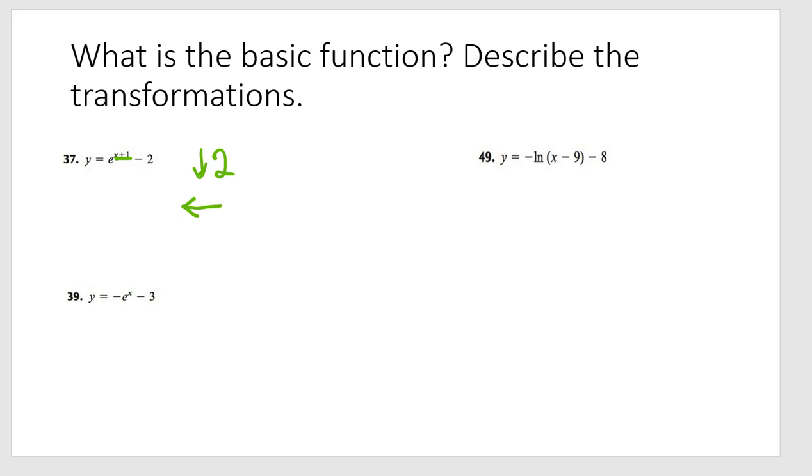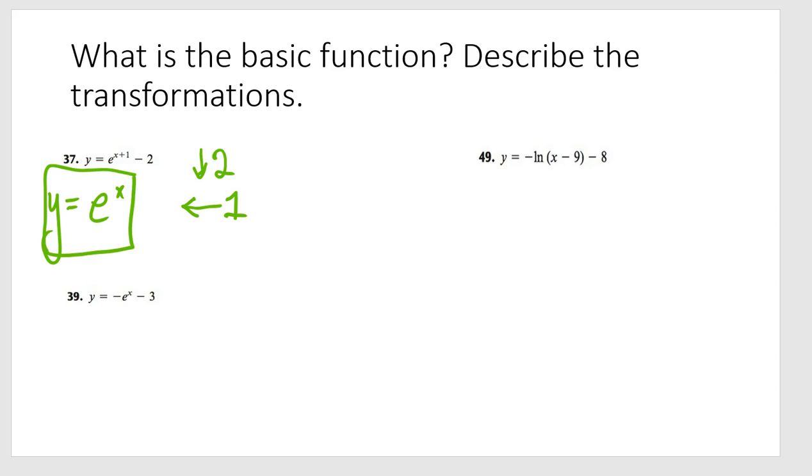It's going to tell you to go left 1. On the test, you can just write down left 1. You don't have to write vertical shift down 2 and horizontal shift left 1. As long as I understand you know what direction you're going, that's fine. What's our basic function for this? Our basic function is simply y equals e to the x.